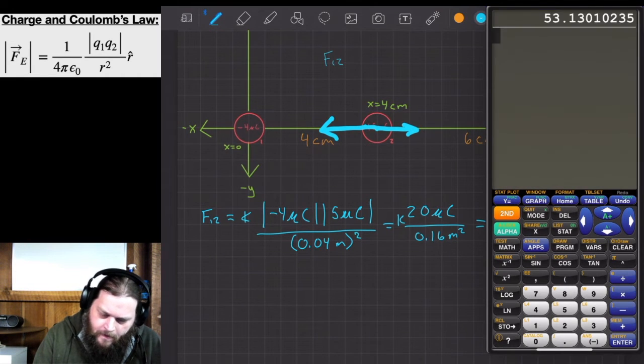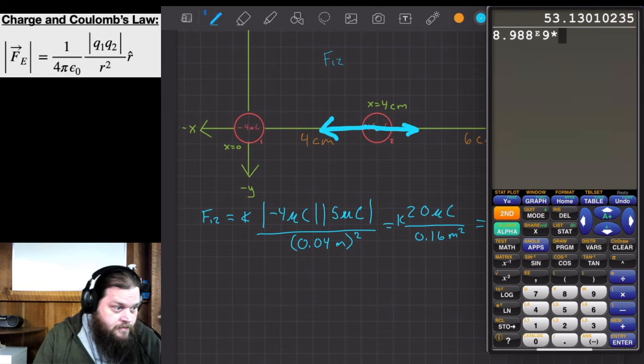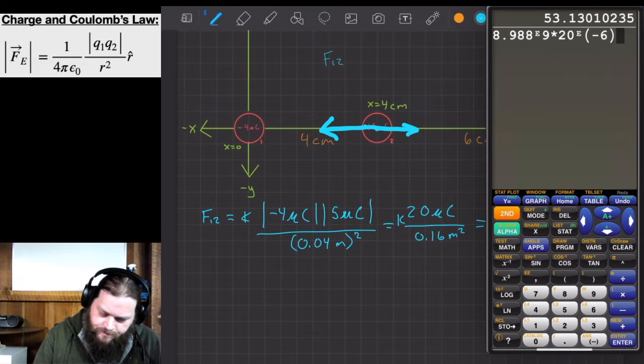Oops. All right, let's try that again. I think I had the E in the exponent, which it didn't like. So it's 8.988 e to the 9, times 20 e to -6, divided by 0.16.